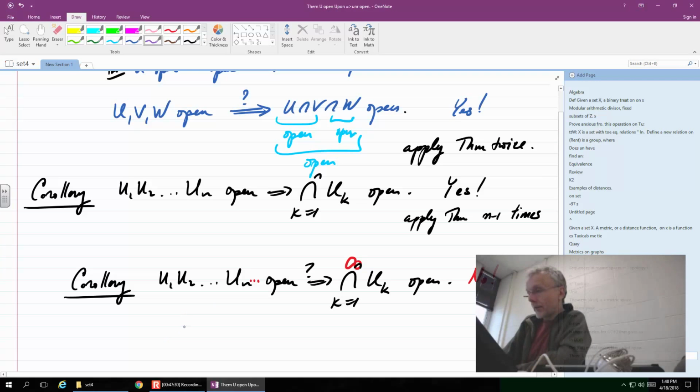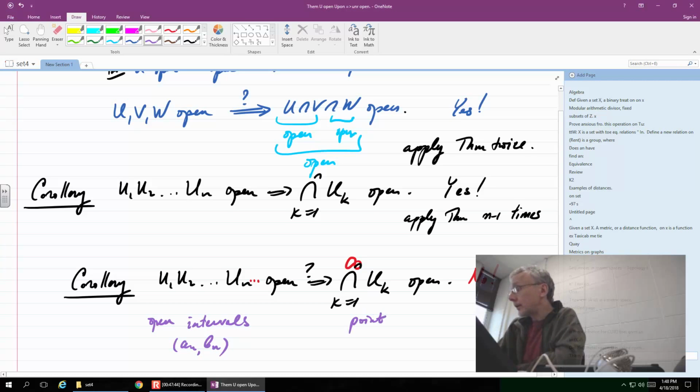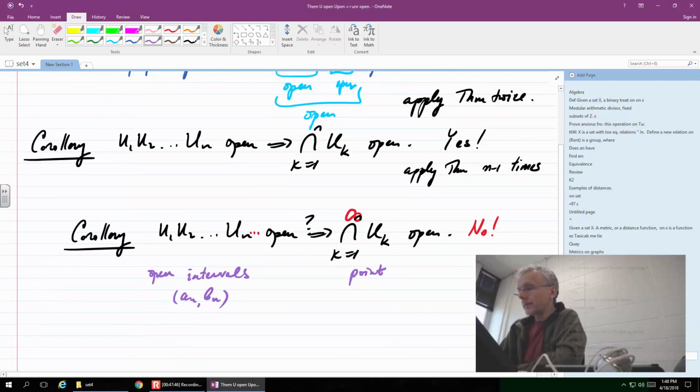So can you think of these as open intervals, say An, Bn, open intervals, but the intersection is a point? Can you think of such a scenario? The intersection of infinitely many intervals is a point.